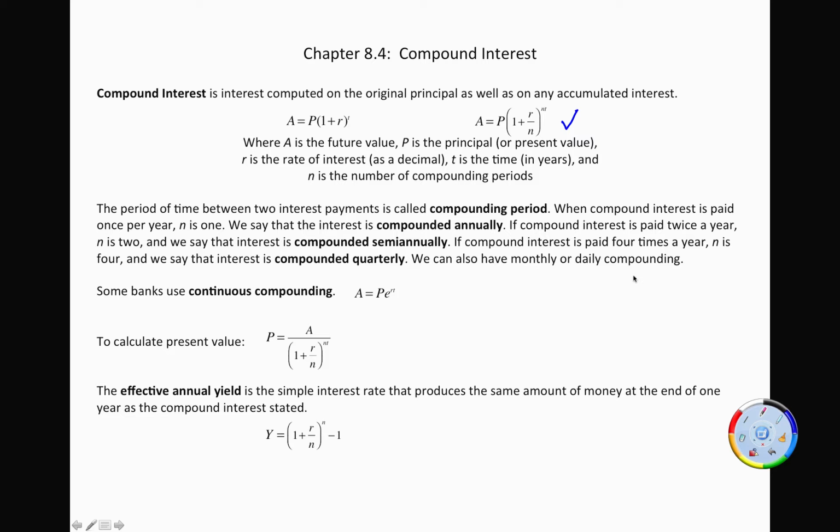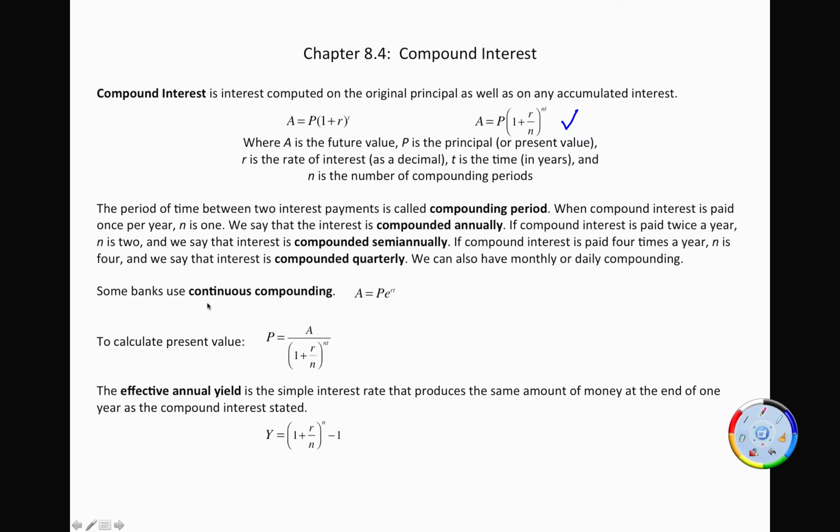And if it's daily compounding, again, we talked about daily before. The banker's rule could use daily as N being 360 or N being 365 for just regular daily compounding. So pay attention to what our daily compounding period is going to be.